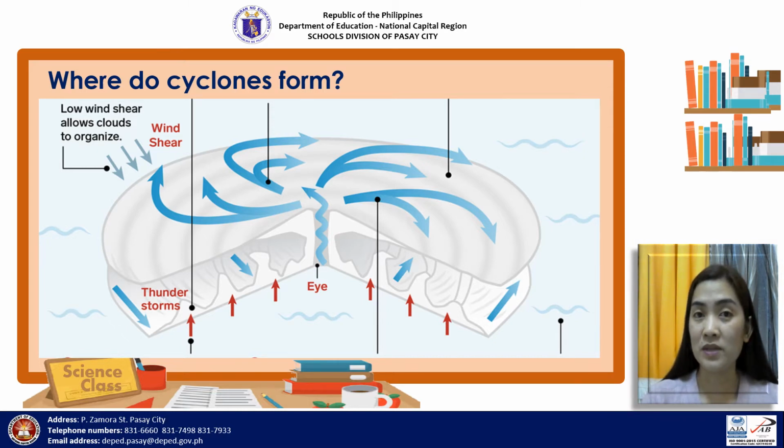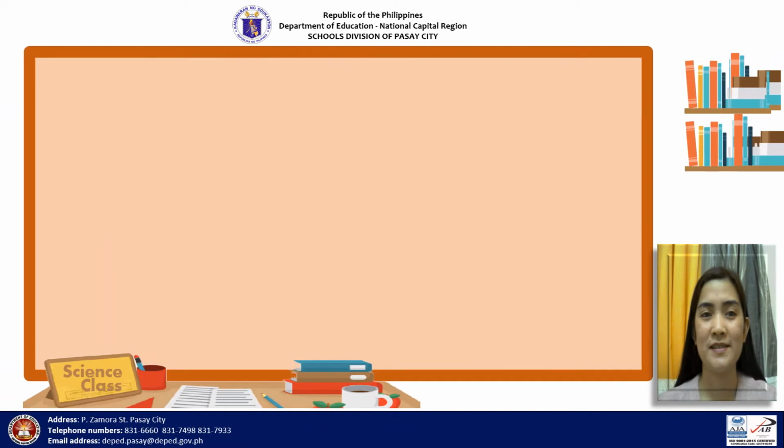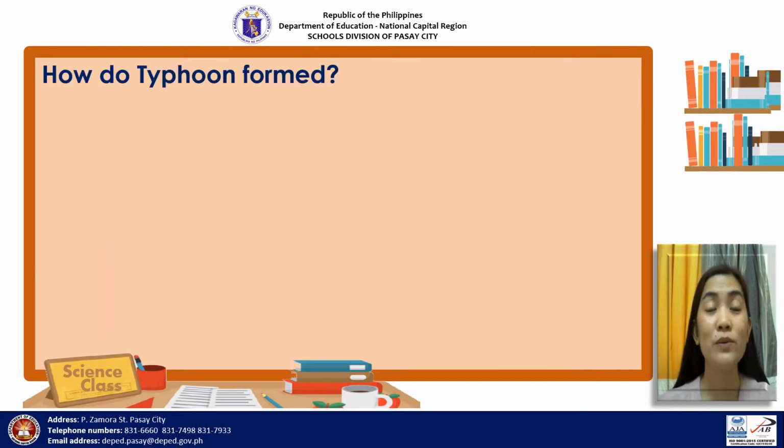But take note, not all parts of the ocean can provide water vapor, especially at latitudes away from the equator. According to scientists, the temperature of ocean water must be 26.5 degrees Celsius. Let's see, how do typhoons form?